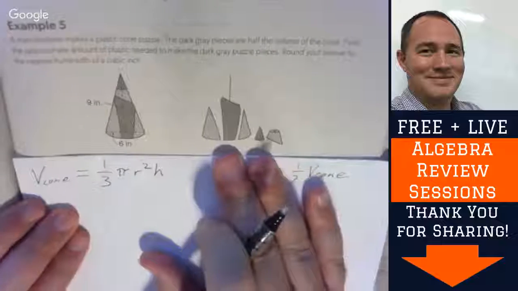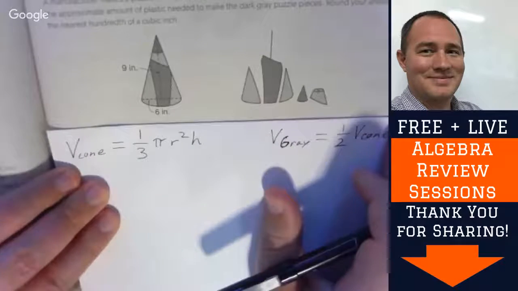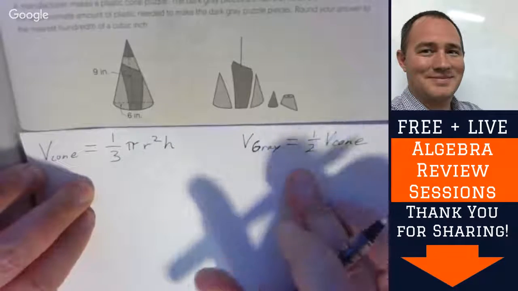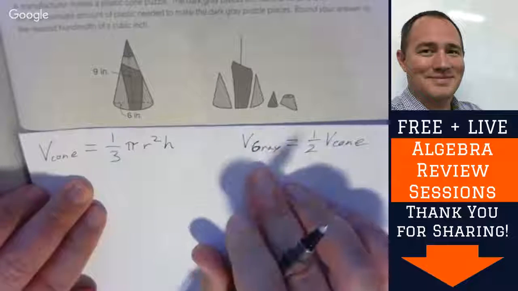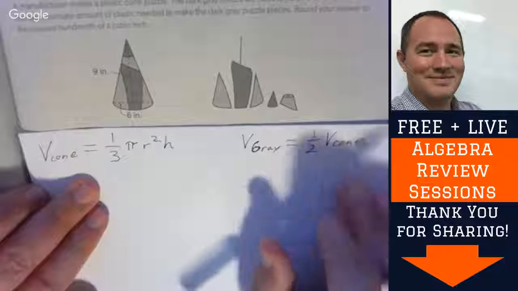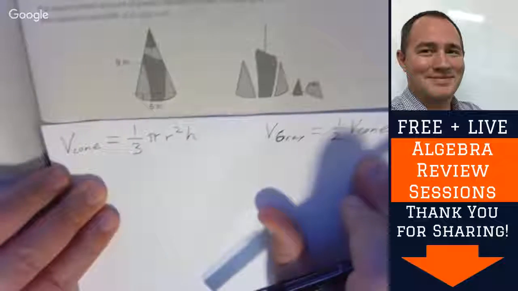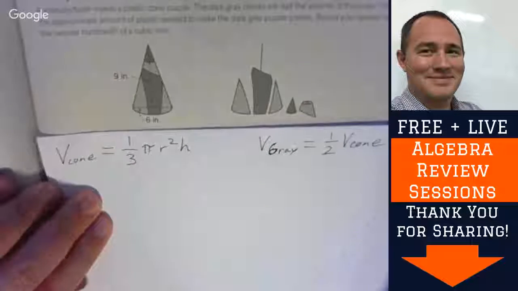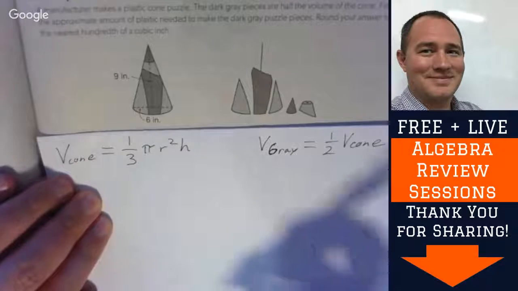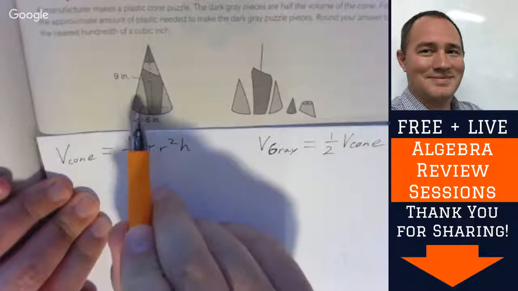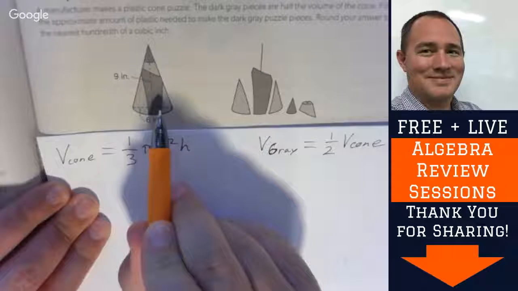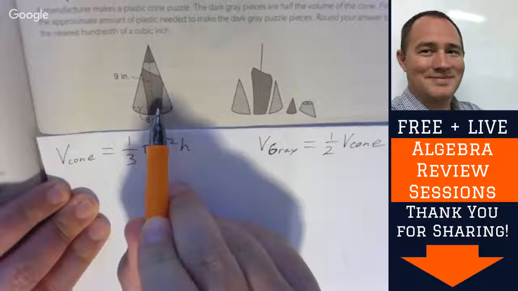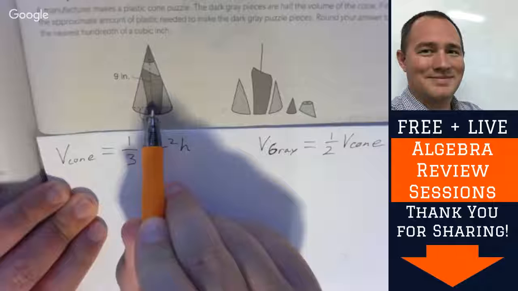Let's not worry about that just this second, because we can't go straight into finding the volume of the gray pieces until we find the volume of the cone. So let's do that first. Okay, so we see here it's labeling the diameter going from one edge of the circle to the other edge of the circle through the center.